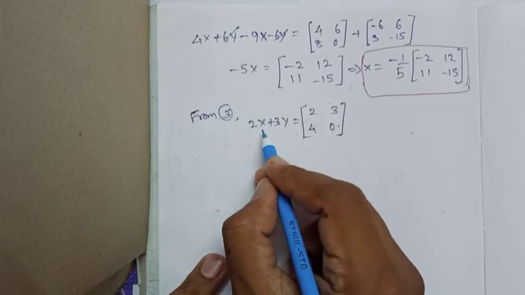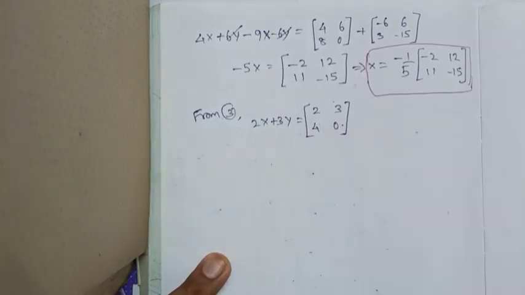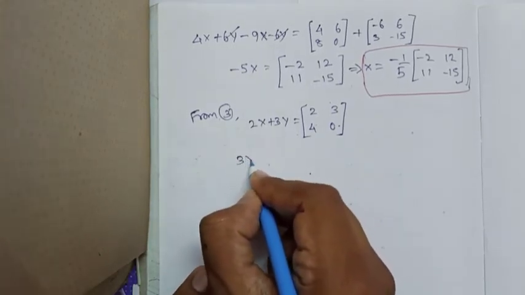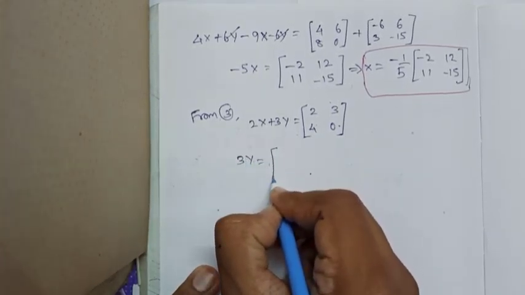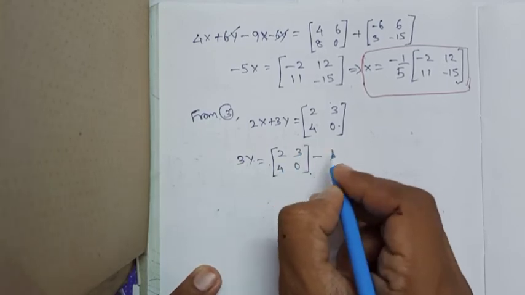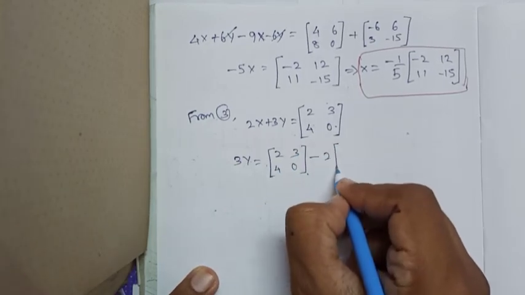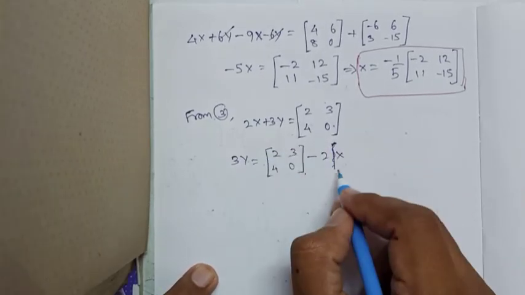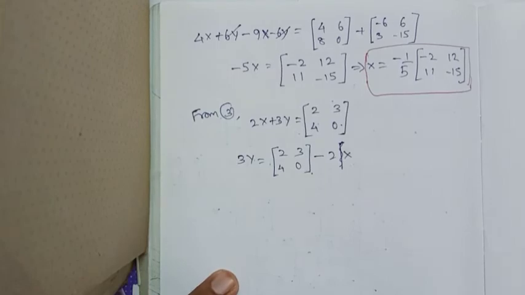We need the y value, so we shift 2x to the right hand side. 3y is equal to the matrix 2, 3, 4, 0 minus 2 into x. First we write minus 2x.